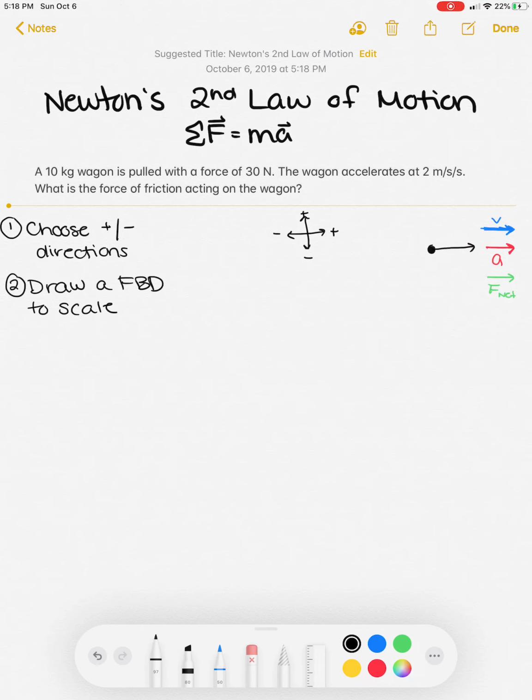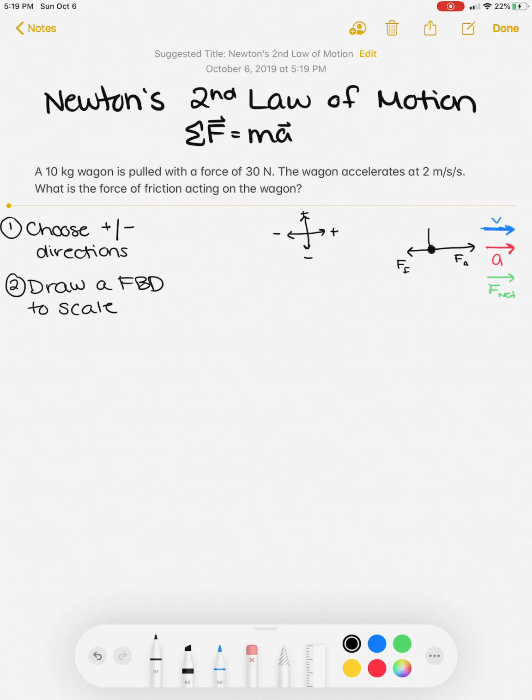I'm going to draw my force vector, and I'm going to label it FA for applied force. I also know that there's friction, and friction always opposes the motion. So if my wagon is moving to the right, that means friction must be going to the left. I'm also going to make that vector significantly smaller than my applied force, because again, I know that the acceleration is to the right, meaning the net force is to the right, which tells me that the forces on the right side are larger than the forces on the left side.